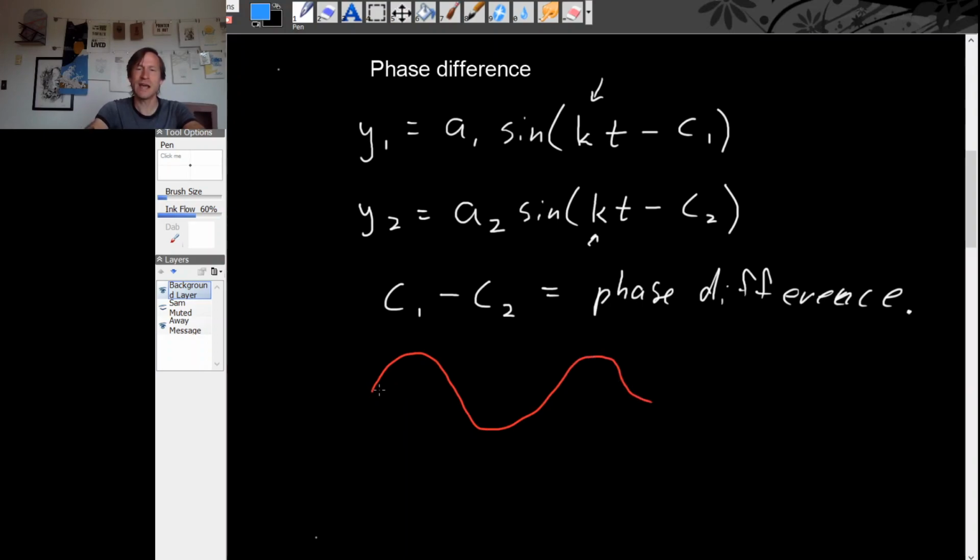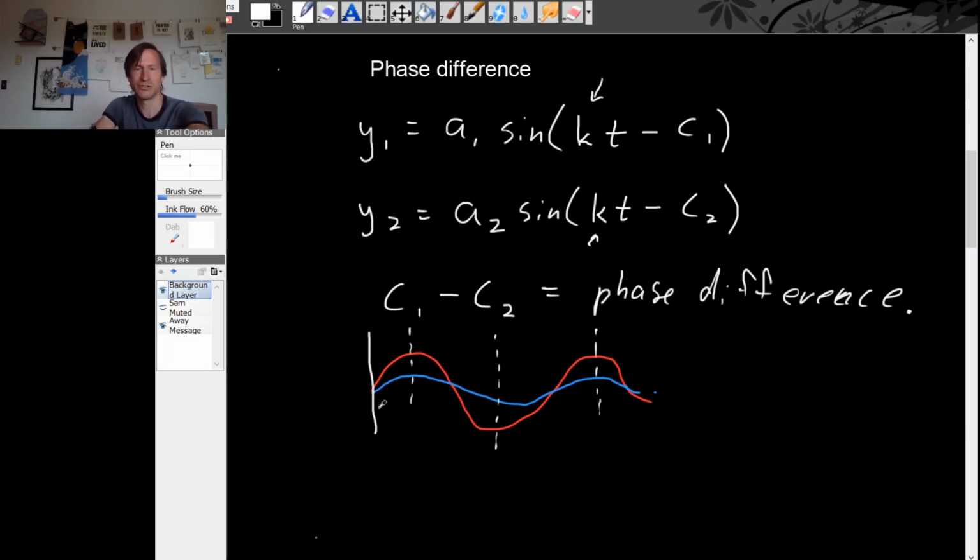So here's one. The amplitudes don't have to be the same. So I'm going to draw this one with a smaller amplitude, but the same period. Okay, and you can see here the peaks and troughs are the same.